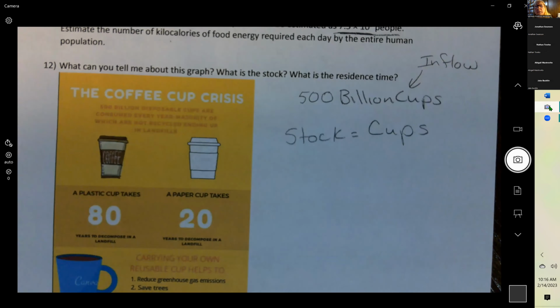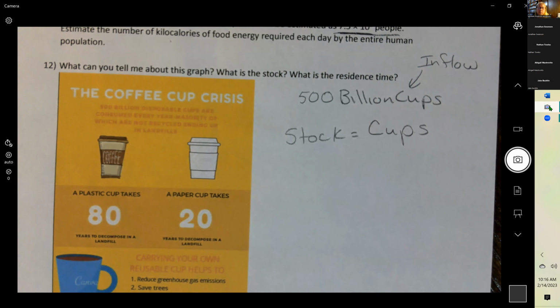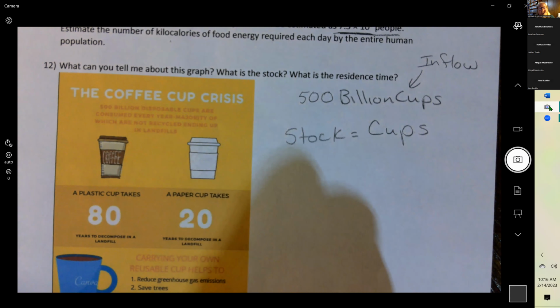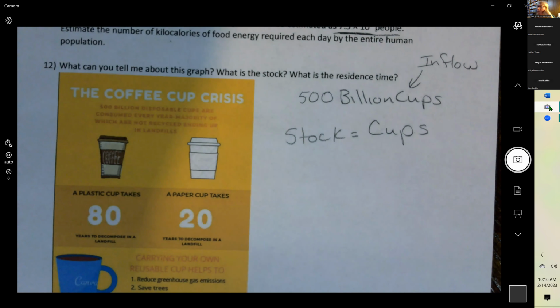What else did I ask? What is the residence time? It's the level of the stock and the flow rate. I don't know if we're given enough to find the residence time.